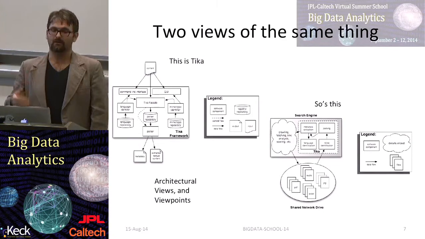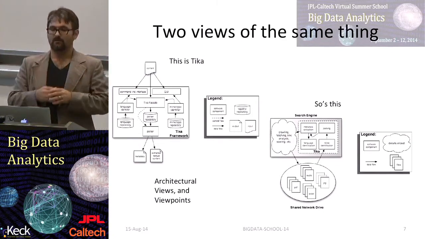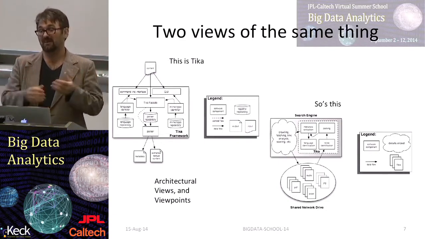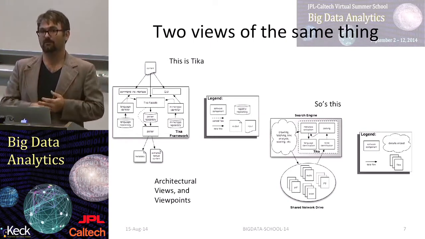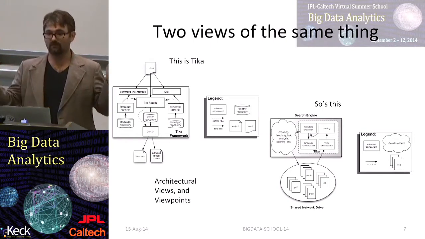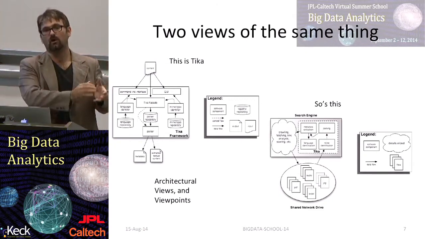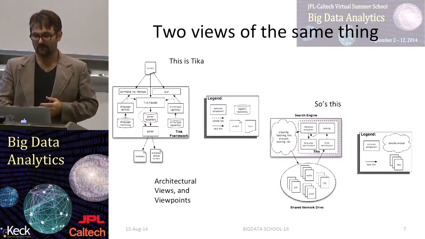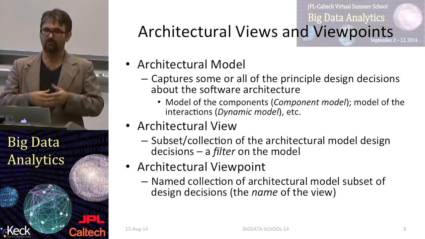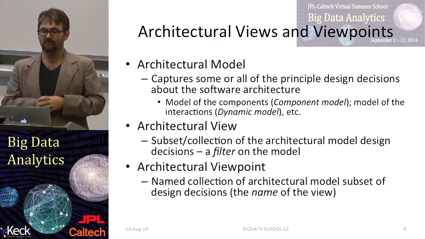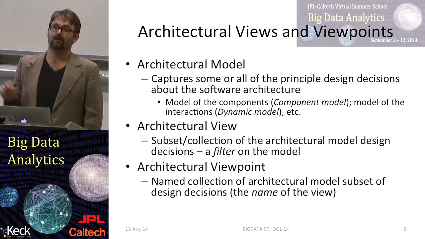We typically say that architectural models potentially have multiple visualizations, and those visualizations represent different architectural views: a component view, or a view mapping architectural components to the physical hardware, a deployment view, for example, and things like that. So again, just to review, an architectural model captures some or all of the principal design decisions about the software architecture. So you might have an architectural model that's simply focused on the behavior of your software system.